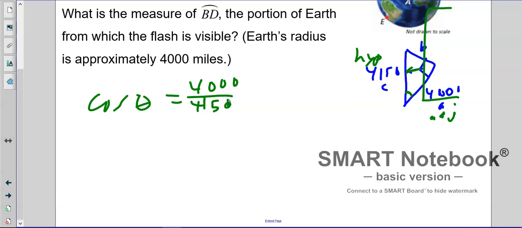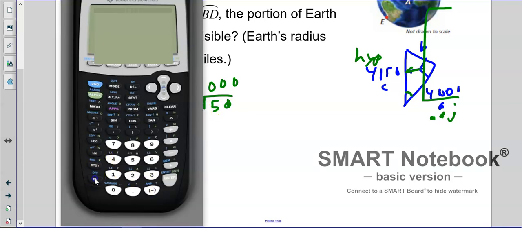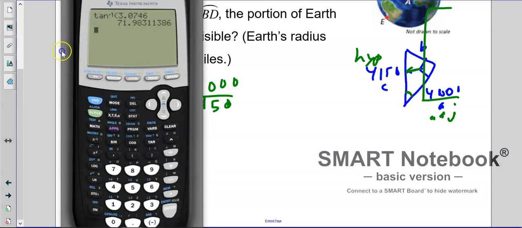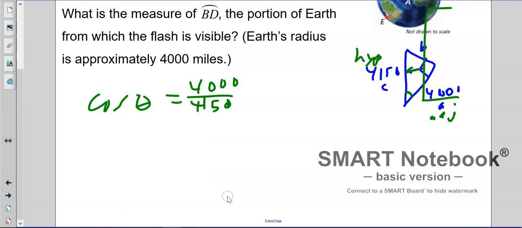So we're going to hit second cosine on our calculator, because anytime we're trying to find an angle, we hit second cosine. 4,000 divided by 4,150, the hypotenuse. And if we round to the nearest tenth, that's 15.5.